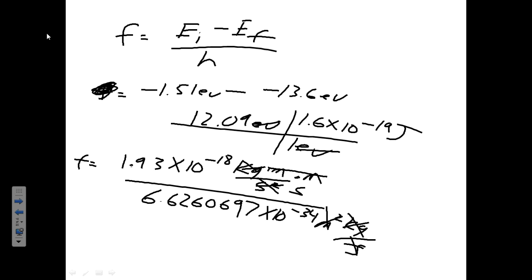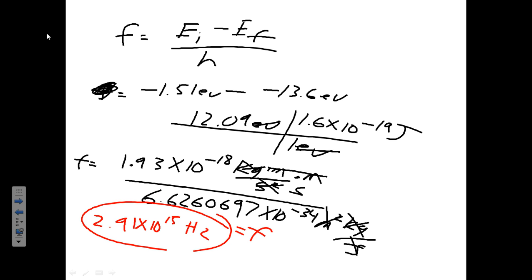And if we do the calculation, 1.93 times 10 to the negative 18 divided by H, we end up with about 2.91 times 10 to the 15th hertz. That's frequency.